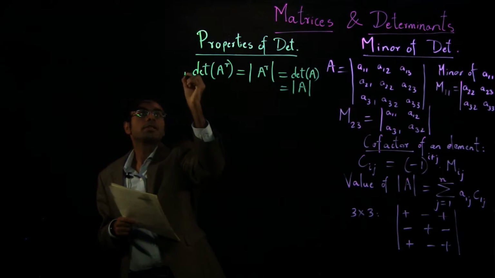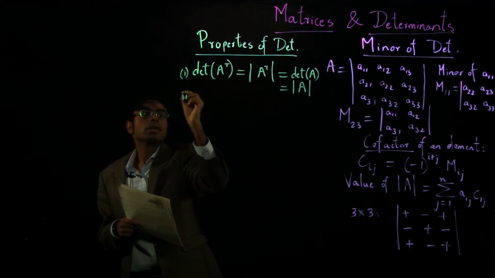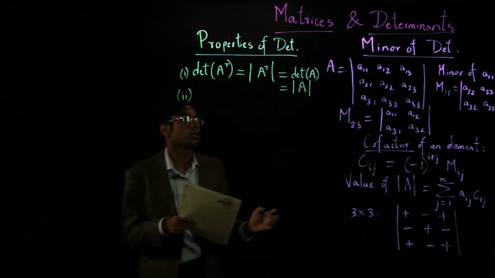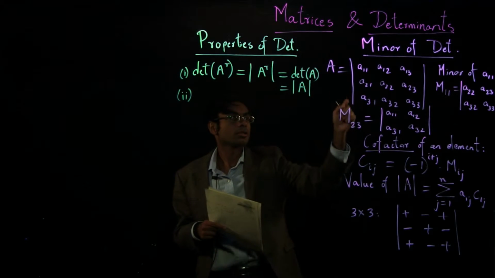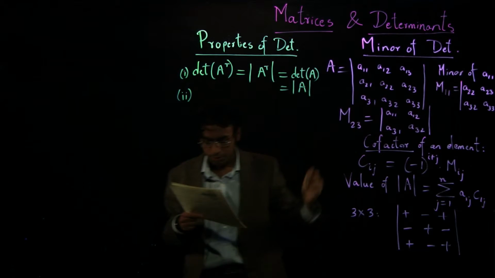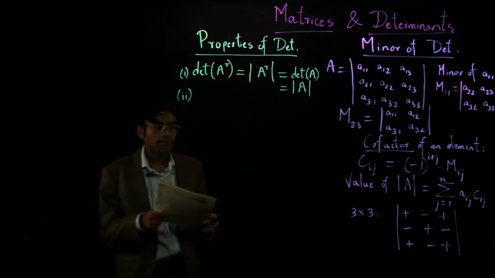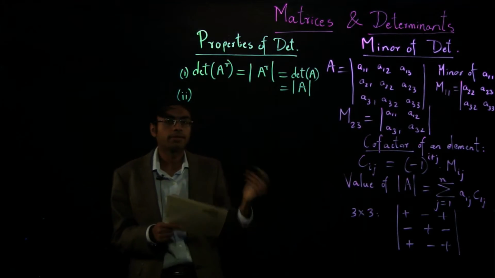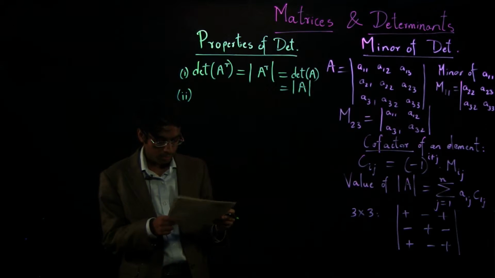Then the second property is if you interchange any two rows or any two columns of the determinant, then the value becomes the negative of the original value of the determinant.